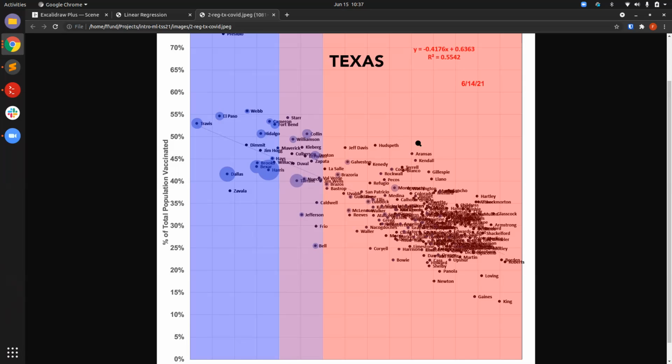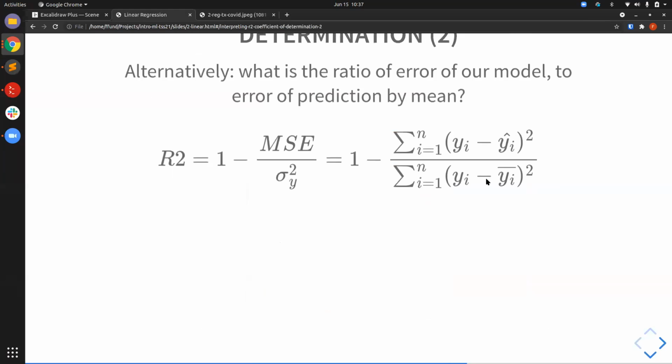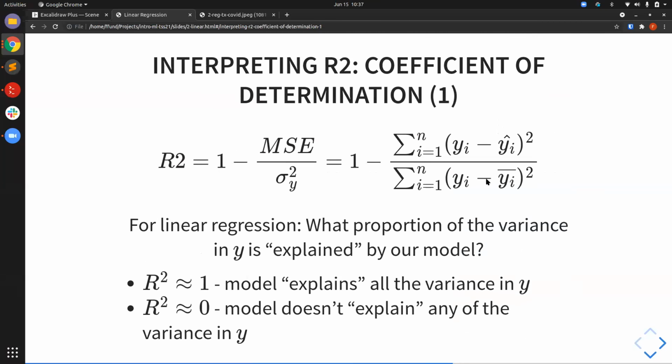How much of the variance in Y is explained by the model? So there's some variance in Y. How much of it does the model explain? And how much does it not explain? Okay.